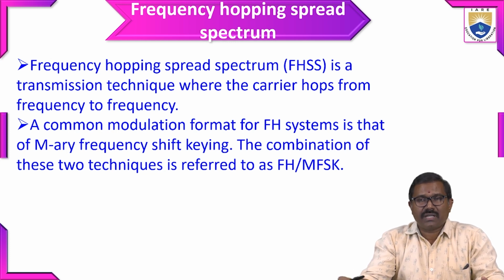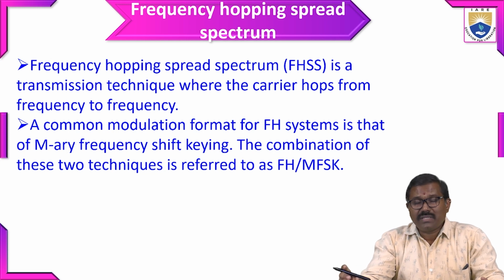Earlier we discussed the binary types: ASK, FSK, PSK. Whereas in M-ary, according to the syllabus, there is QPSK, quadrature phase shift keying. In quadrature phase shift keying, we can send 2 bits at a time, which you can call a dibit. So here you are sending more than 1 bit, and that utilizes the spectrum better.